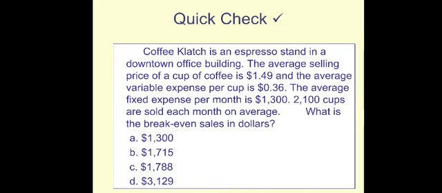Okay, this is the same data, the same sample question. The question asks you to calculate what is the break-even sales in dollars. So before this, you have calculated the break-even point in terms of quantity. Now the break-even point in terms of dollars.